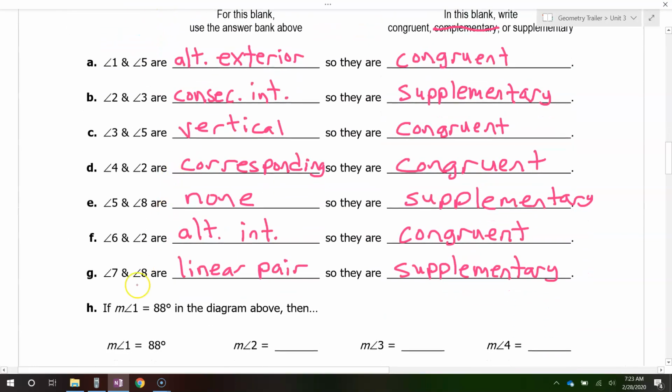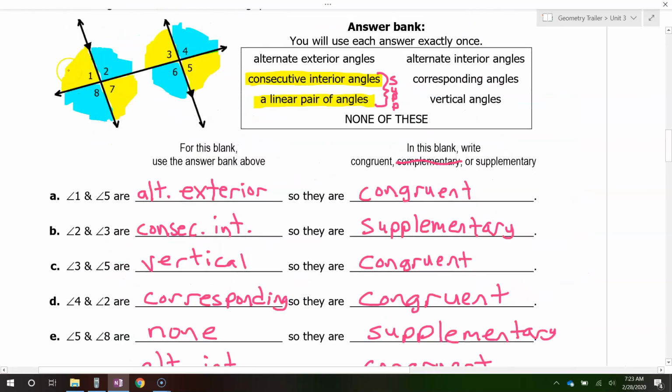So we know that angle 1 is 88. That means all of the yellow angles are 88. Now, for example, angle 1 and angle 2 are supplementary because they make a linear pair.